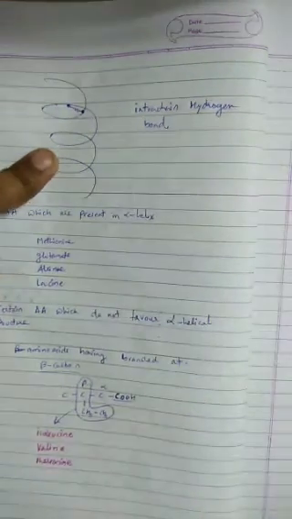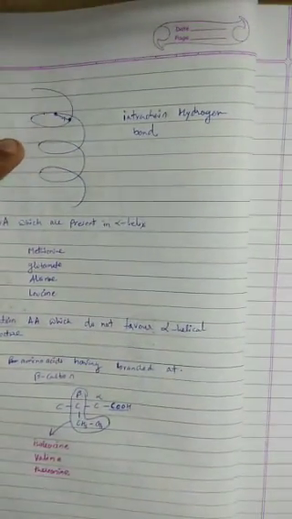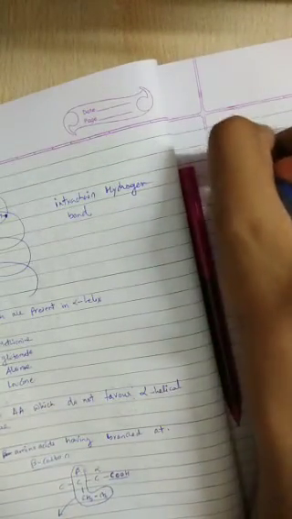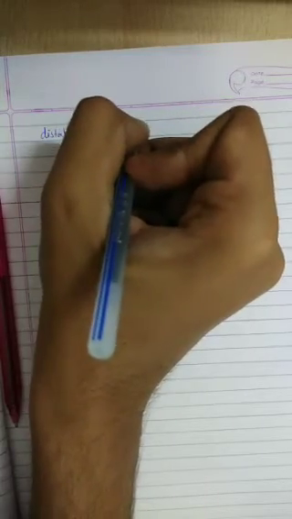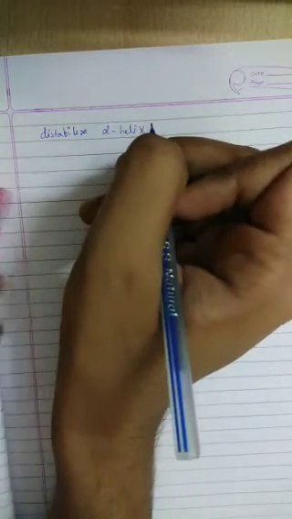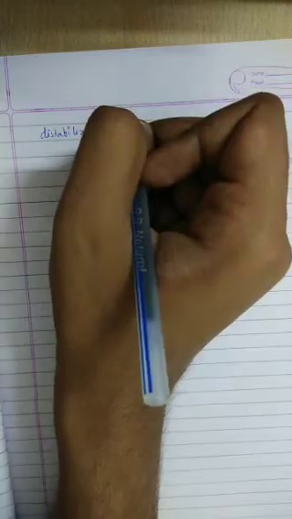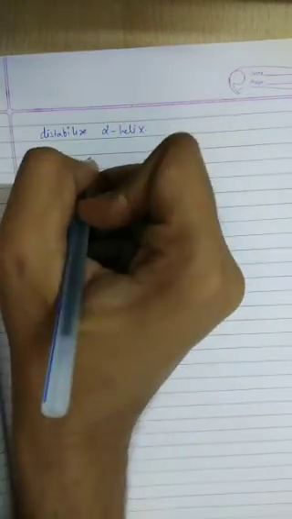Now, there are certain amino acids which destabilize the alpha helix. This includes serine.